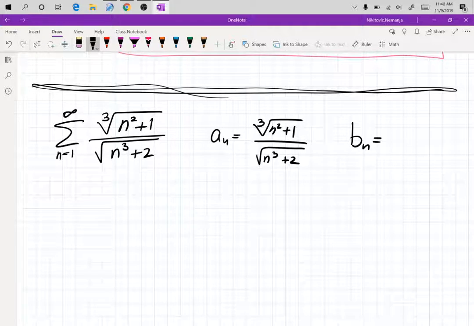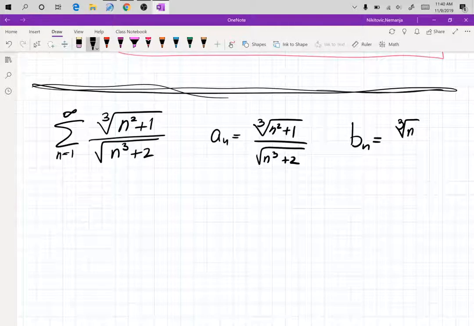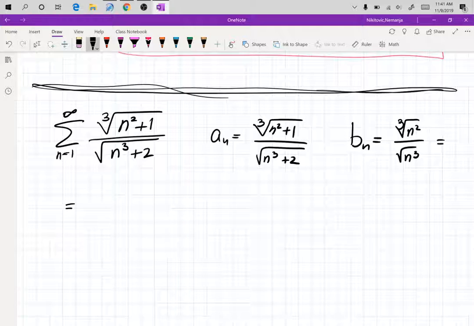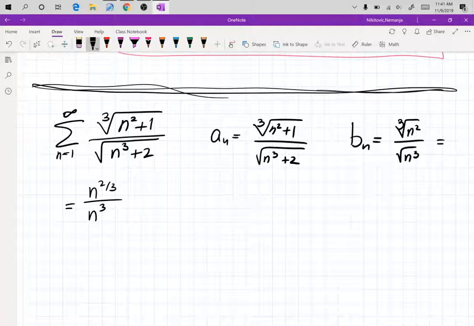What's Bn? The cubed root of n squared over the square root of n cubed. Okay, so that's what's important, right? So we can work out this Bn as n to the 2/3 divided by n to the 3/2, right?